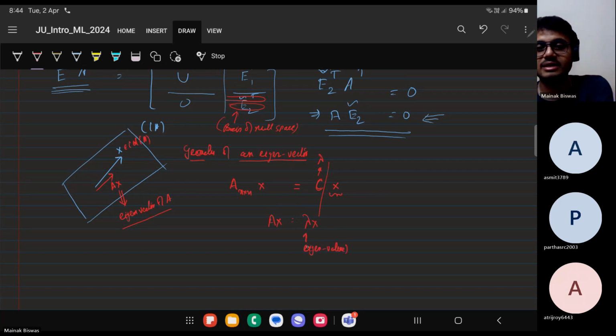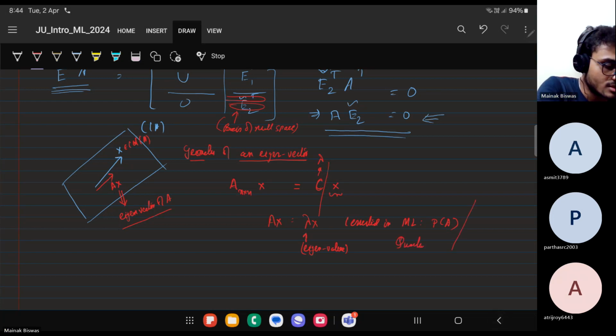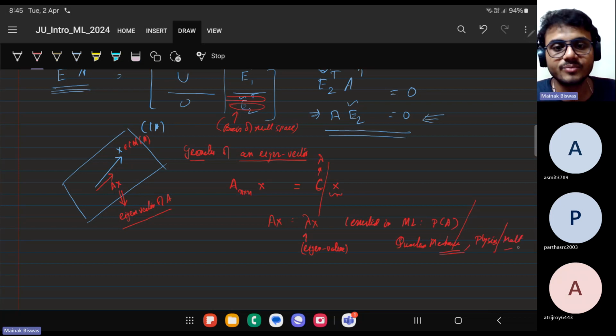And this is extremely essential in machine learning. We'll see it is essential in PCA. It is essential in quantum mechanics and many other physics or mathematical operations. It makes our life much easier, these vectors.